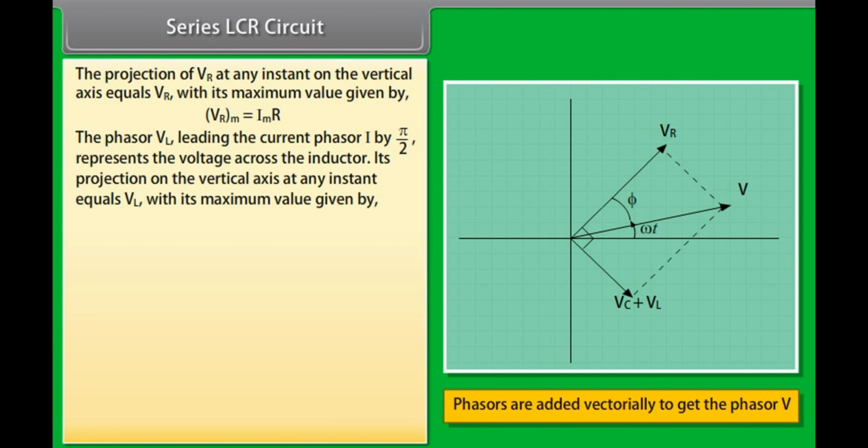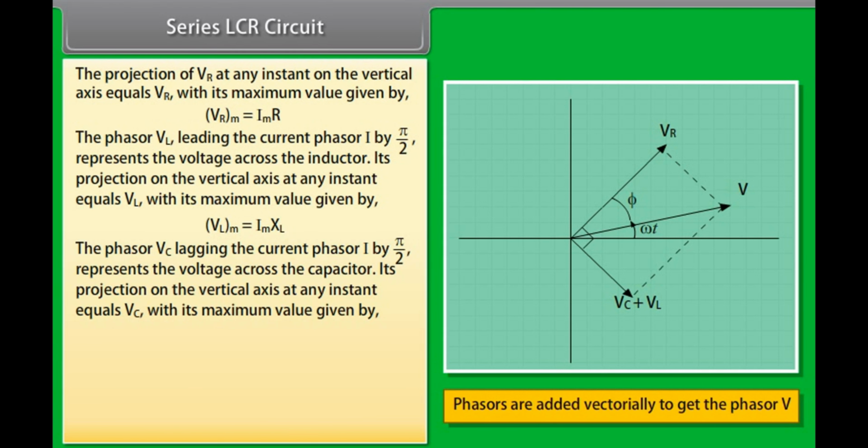Its projection on the vertical axis at any instant equals VL with its maximum value given by the product of Im and XL. The phasor VC lagging the current phasor I by π/2 represents the voltage across the capacitor. Its projection on the vertical axis at any instant equals VC with its maximum value given by the product of Im and XC.